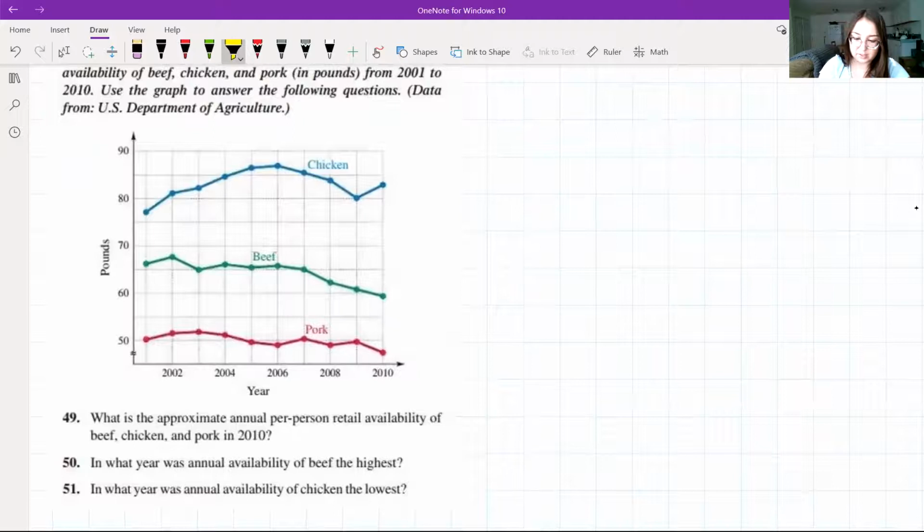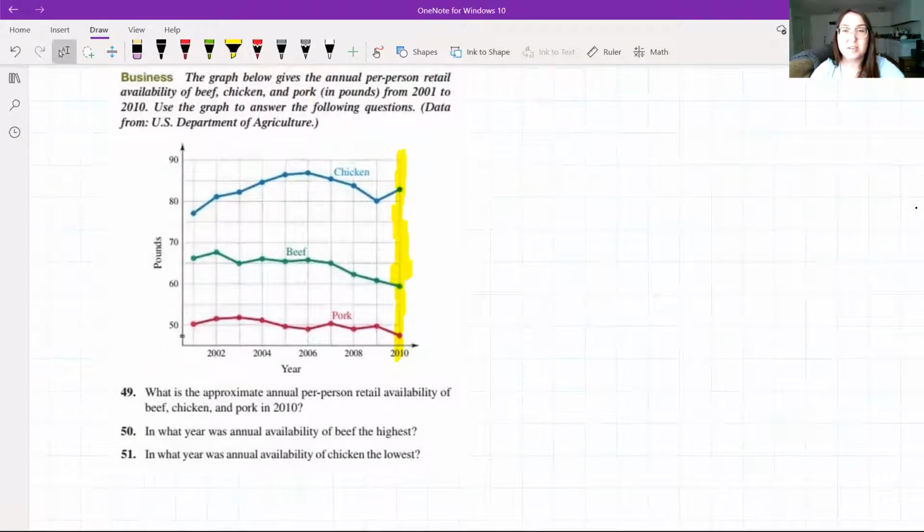So let's highlight our year 2010 here. That very last line we see is the year 2010, and we're really only concerned with the points on the line that corresponds to 2010.